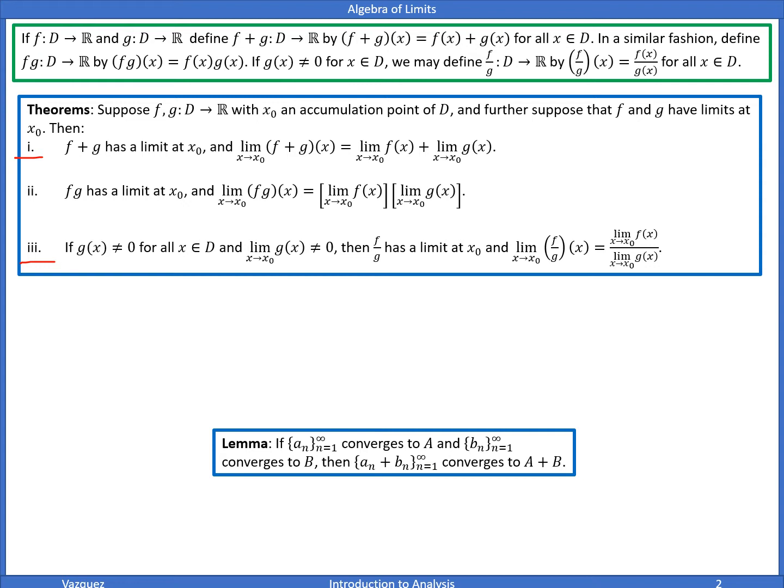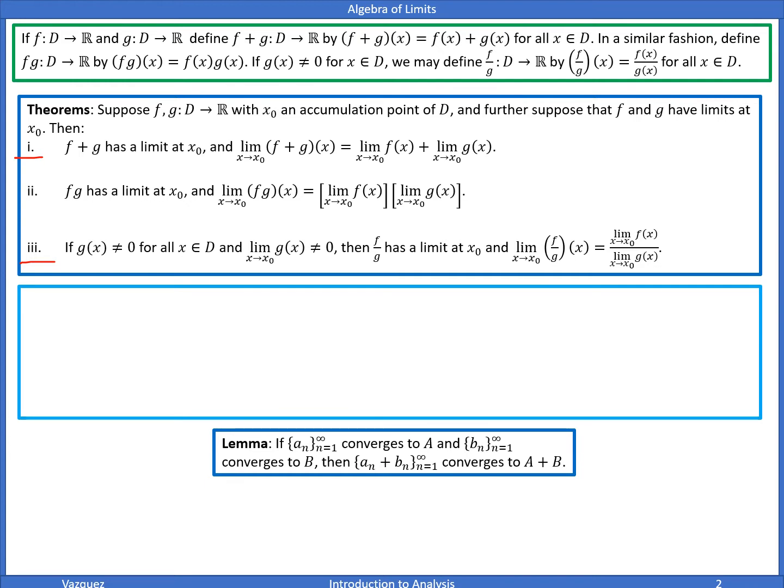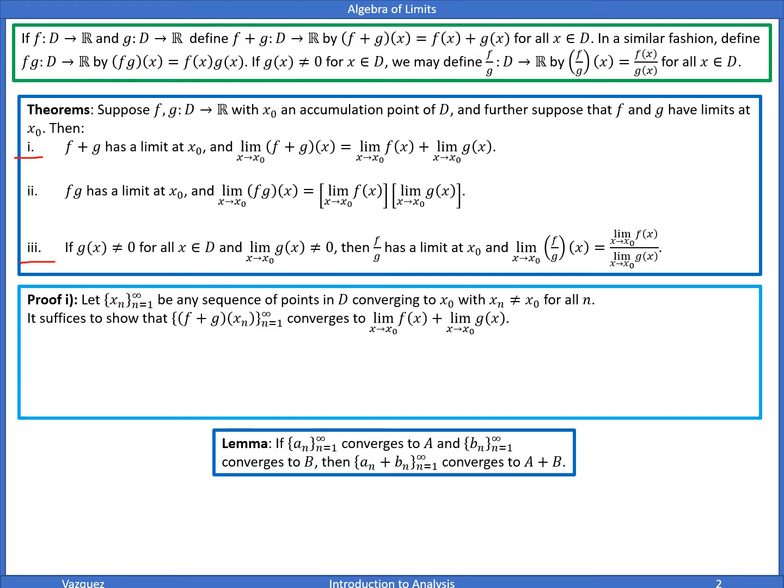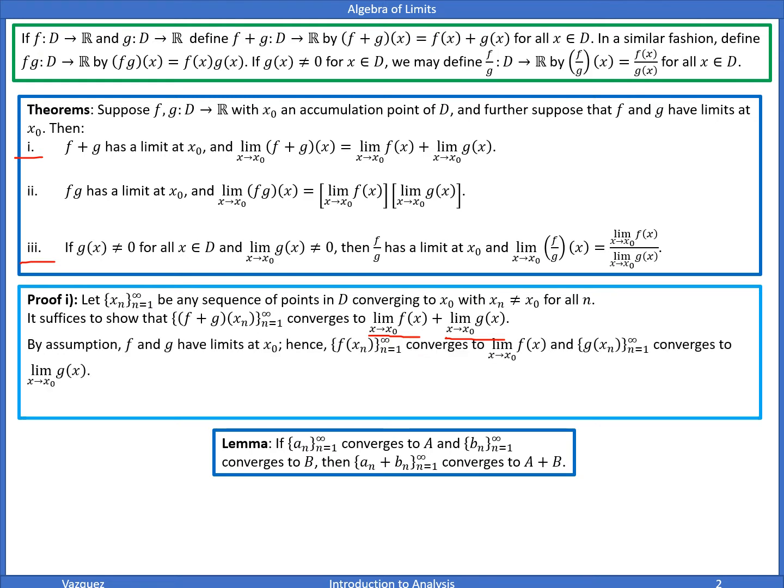So for the proof, not too long, we're going to let x sub n be any sequence of points in D converging to x naught, with x n not equal to x naught for all n. Then it suffices to show that f plus g of the sequence x n converges to the limit of f of x plus the limit of g of x as x goes to x naught.